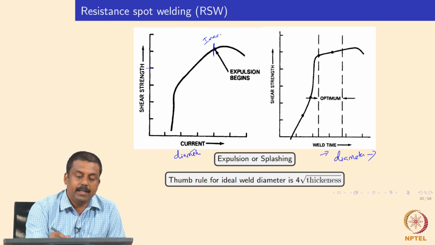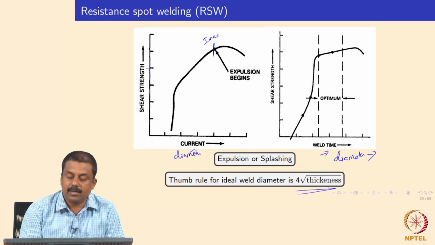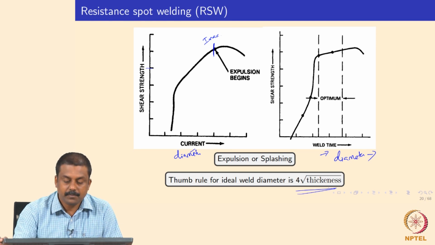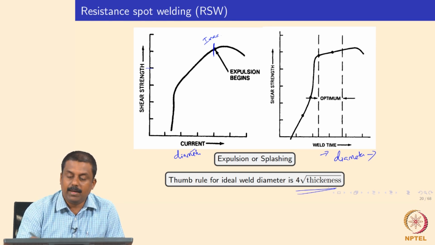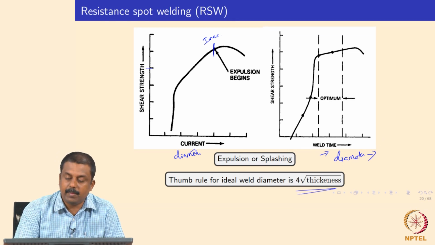So we will identify an Imax, and based on the guidelines we will also identify the acceptable strength level, which as a thumb rule is generally 4 times the square root of thickness. The similar behavior you can also observe as a function of welding time. So we will identify the optimum range.